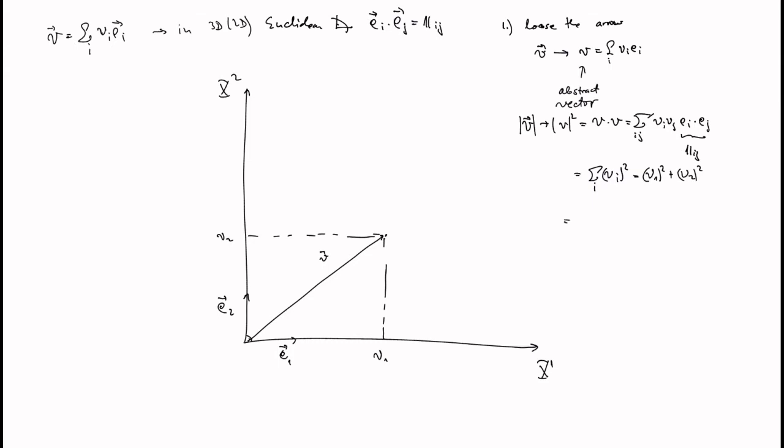I would like to write this in matrix notation, but I will not do so just yet. Just remember that this is a unit matrix, and this matrix is what makes the square of the length be calculated like the Pythagorean theorem.